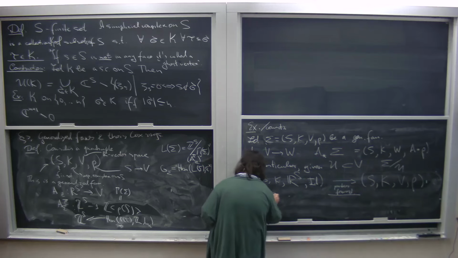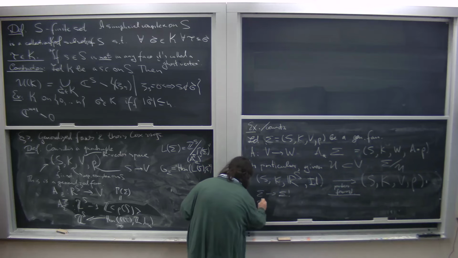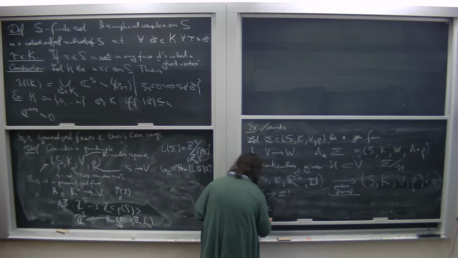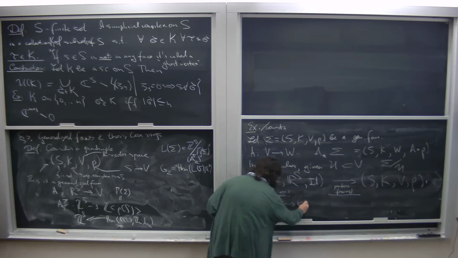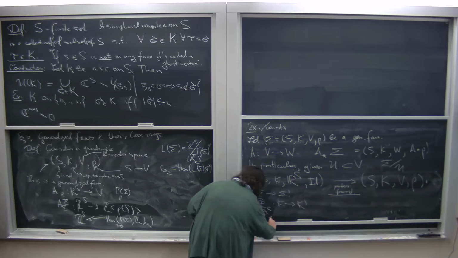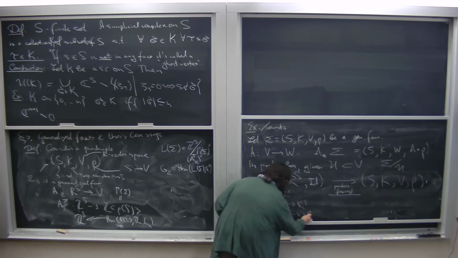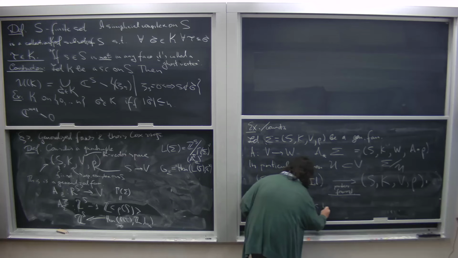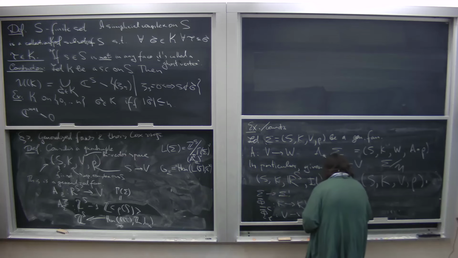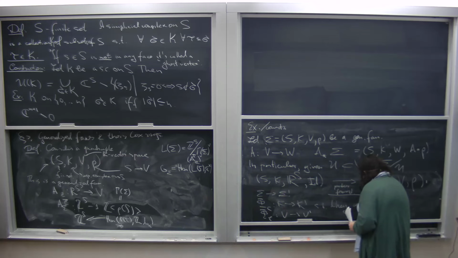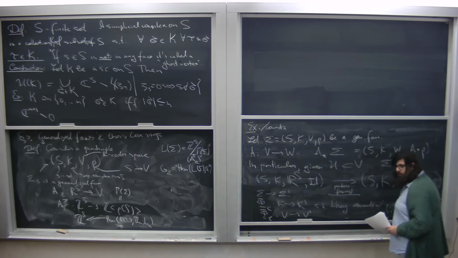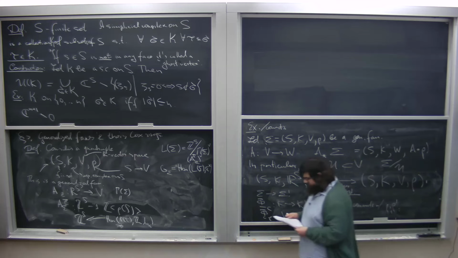So sigma to sigma prime is a pair of maps, one combinatorial, which goes from K to K prime, and one linear, which goes from V to V prime, such that they commute with rho prime.